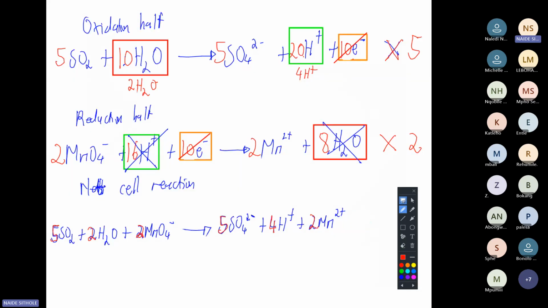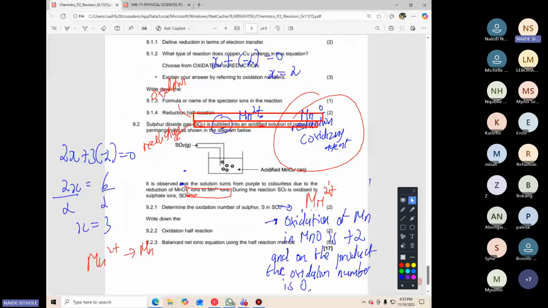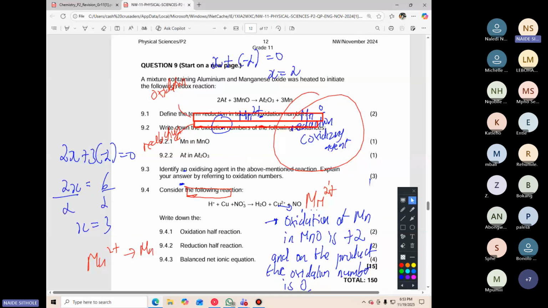Remember, when we are talking about agents, you always have to choose the one that is on the reactant side. So the oxidation number of Mn here is Mn2 plus, and then this side it's Mn O. So this is what you call the oxidizing agent, because it is the one that is being reduced from 2 plus to 0.